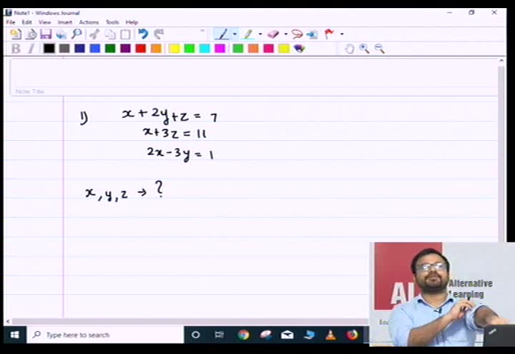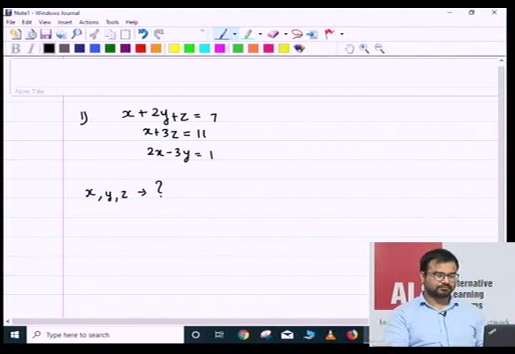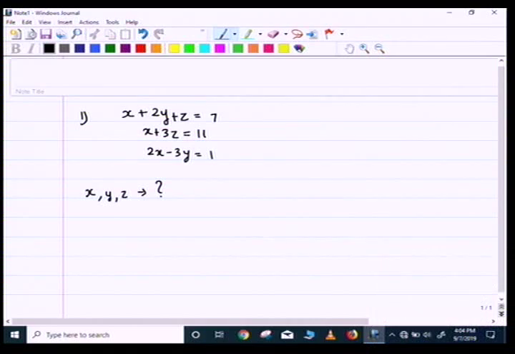Okay, quickly find these values of x, y, z. Just use the elimination method.